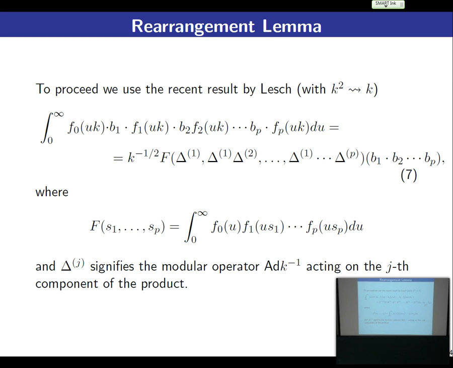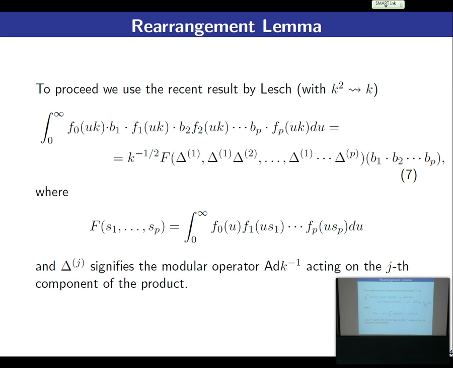On delta, then this second, as a function of the second element, you substitute here this modular automorphism applied to the first b1 and modular automorphism applied to the second b2, and so on up to bp. It's quite a complicated formula, where the function f has a very simple expression. It's just an integral over du of these f0 up to fp, functions of one and the same variable.